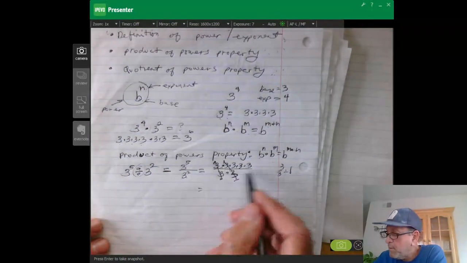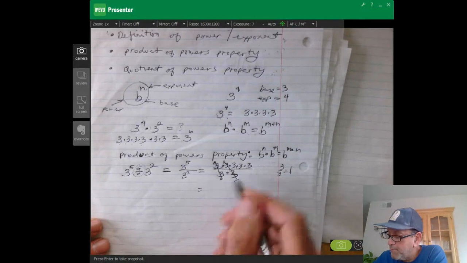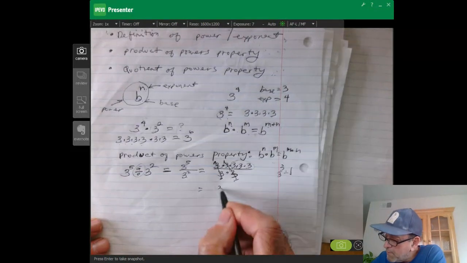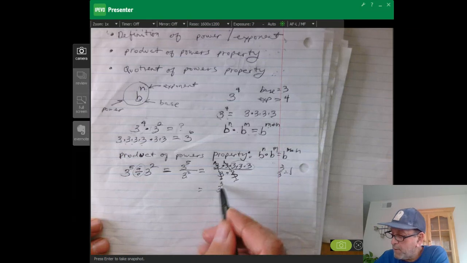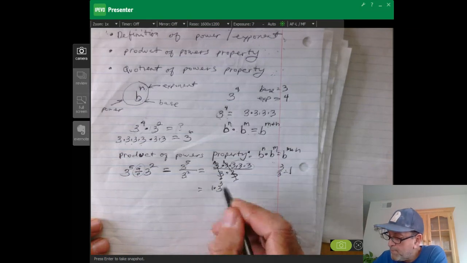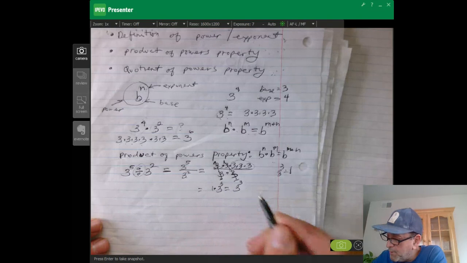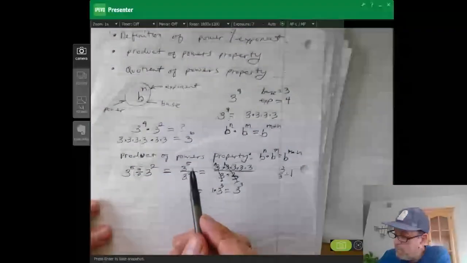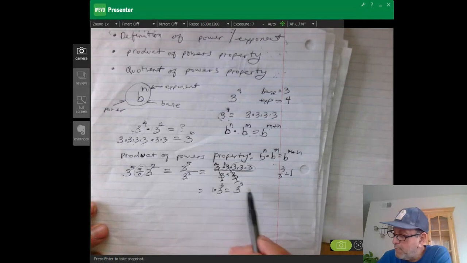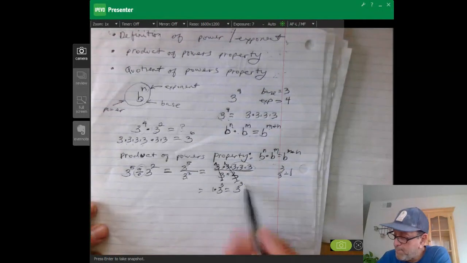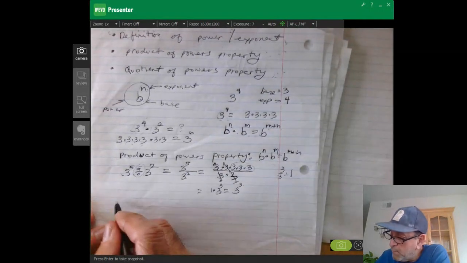So 1 times 1 is 1, times 3 times 3 times 3. Here we have 3 3's used in multiplication times 1, which is the same as 3 to the 3rd power. Now notice what happened here: 5 minus 2 is what gives us a 3.